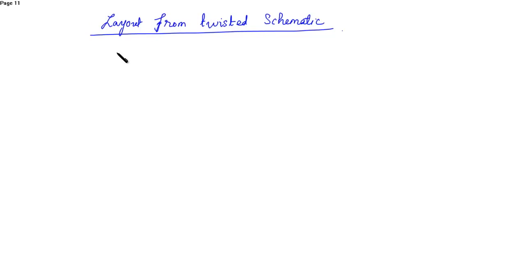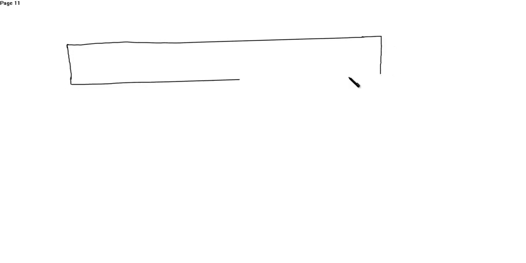Now let's see the layout from the twisted schematic. It's a bit clumsy, so clear this. First draw the n-well. You can actually understand the whole layout once you see the layout in the next lecture.